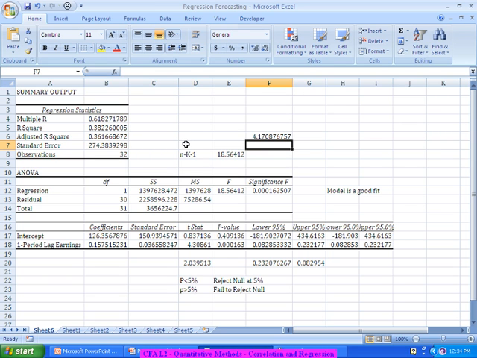And out of this, a couple more calculations which we generally do: arriving at R squared is nothing but the regression sum of squares divided by the total sum of squares.